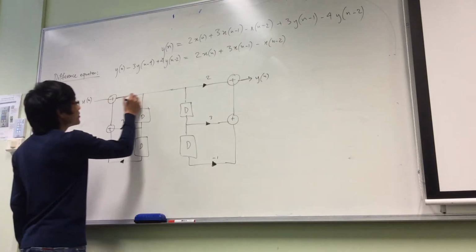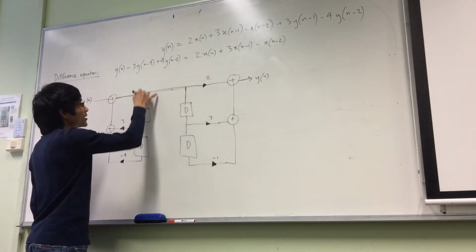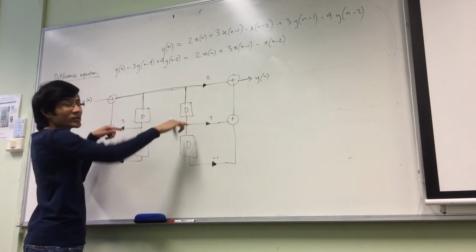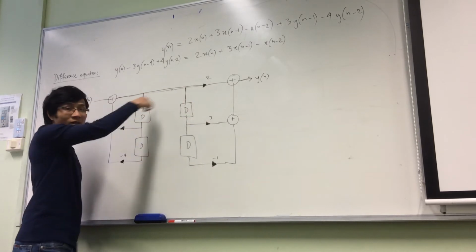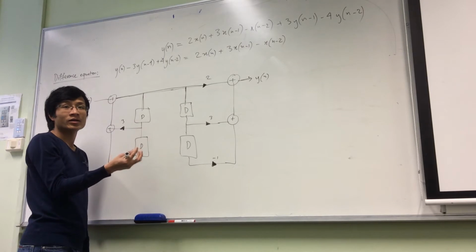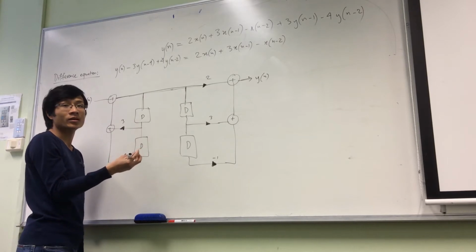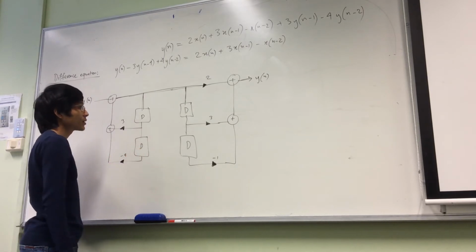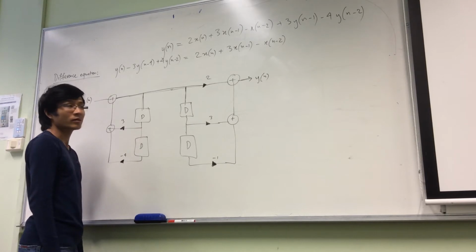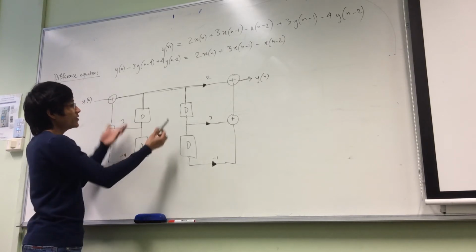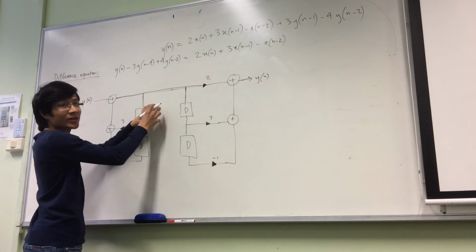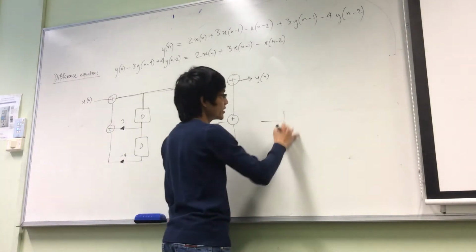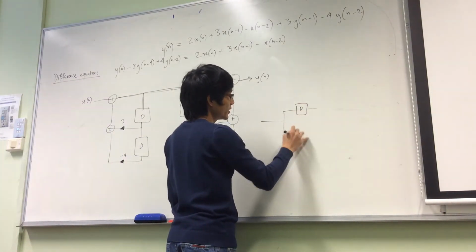You see this signal? It's delay, and it's split. Same. So technically you can just combine these two delays together into a single one. First of all, why? Same thing. So I can just combine these two delays together, right? It's like you got one signal and then you put two delays.